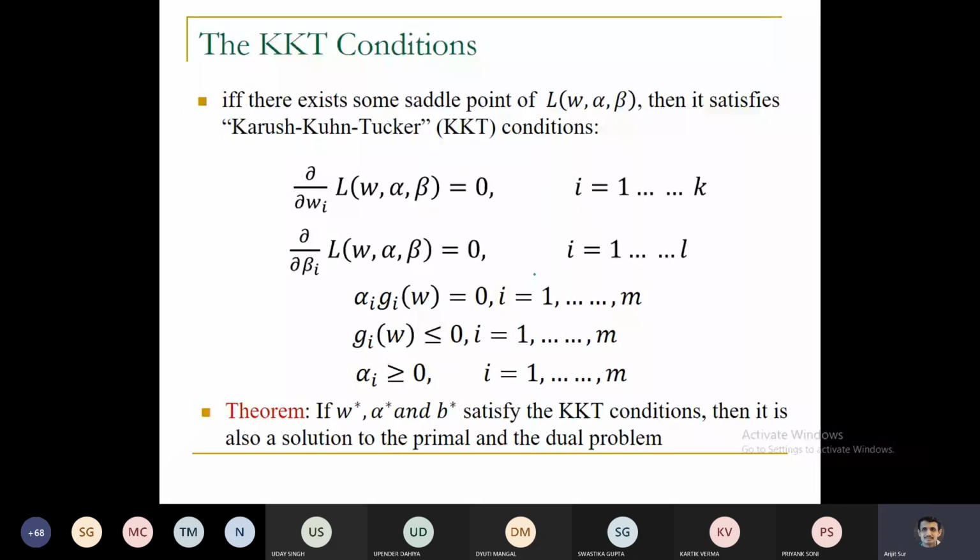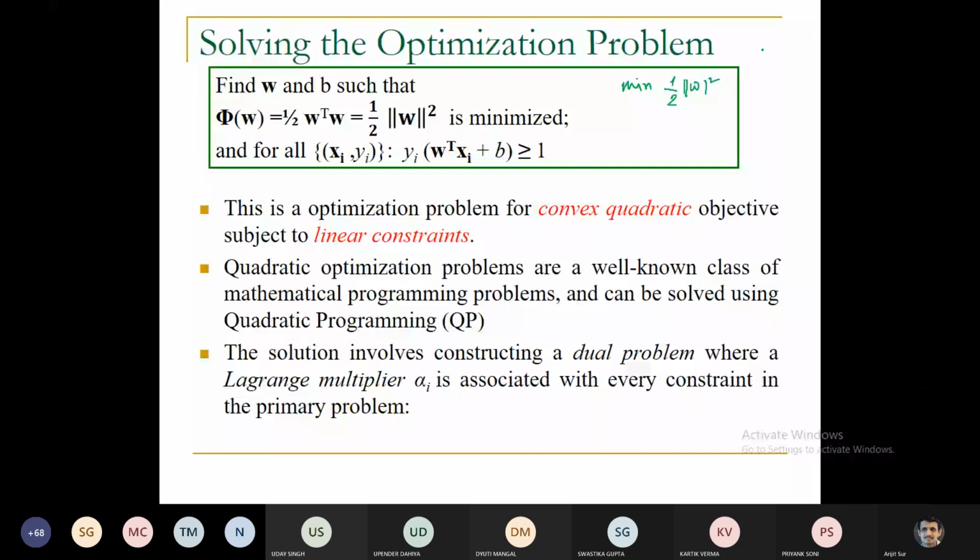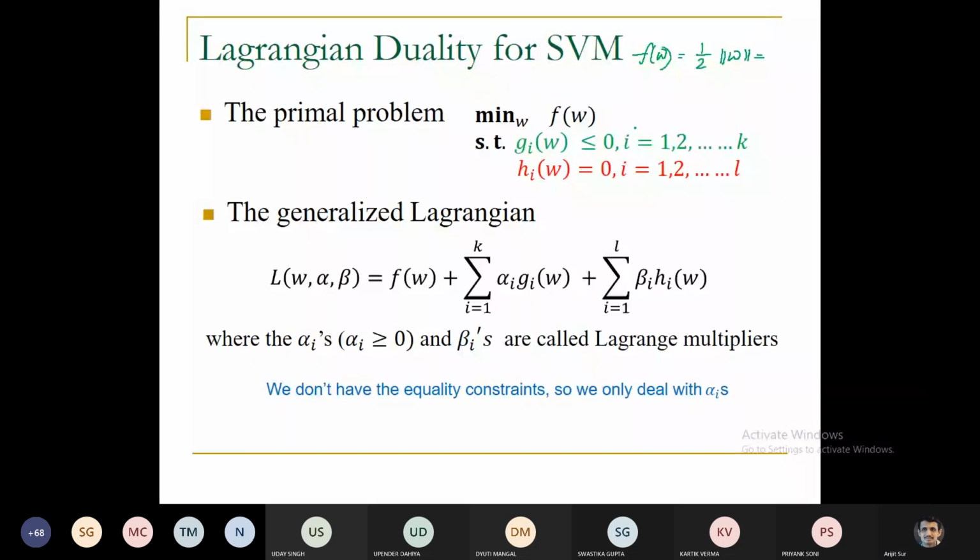If there exists a saddle point, it looks like this. Now, what is our f(w)? This is our f(w).